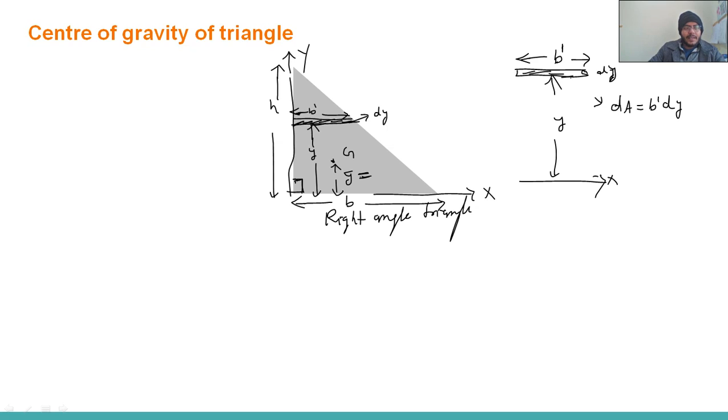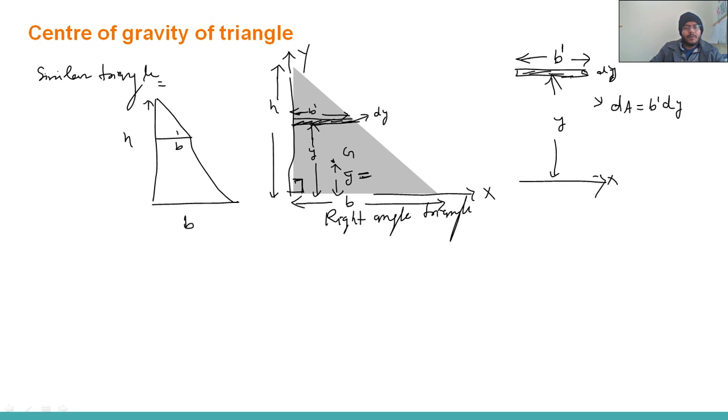From the similar triangle, this is h, this is b, and this is b dash.